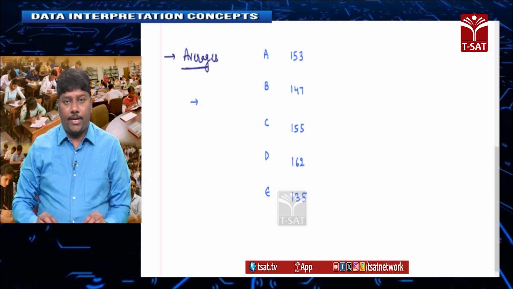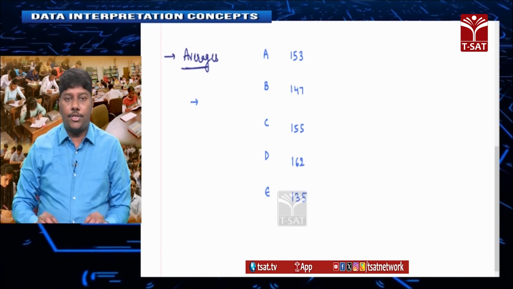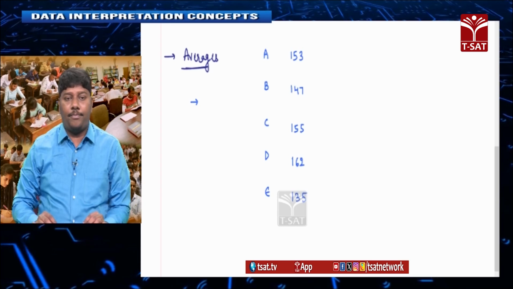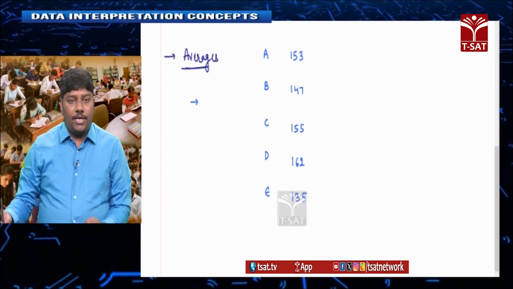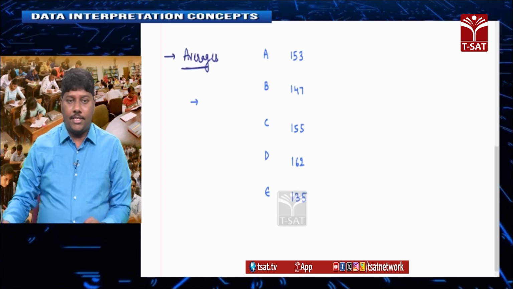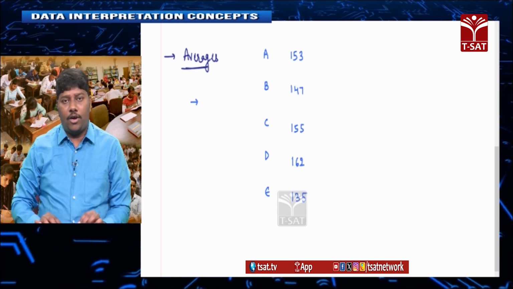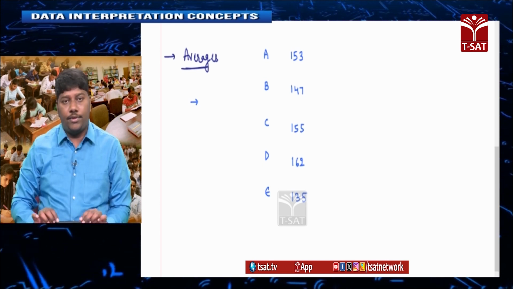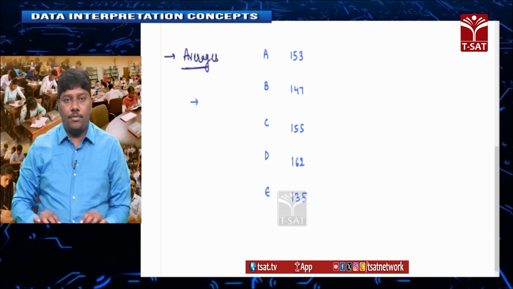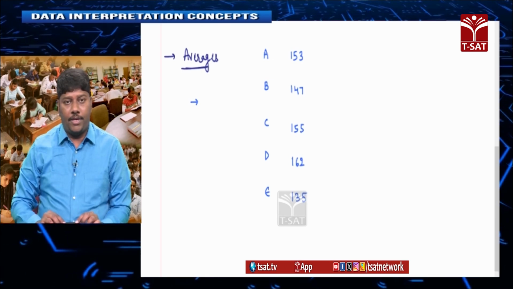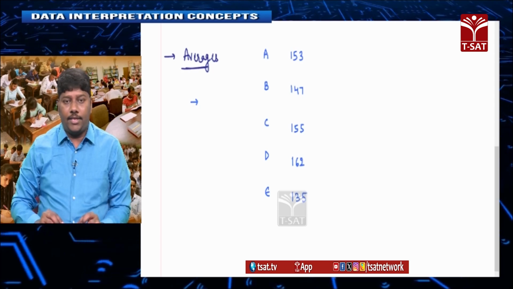When this kind of data is given, how do you find the average? If they ask you what is the average number of cars produced by the 5 companies, in terms of 1000 or lakhs or millions, it doesn't matter. Mostly in data interpretation all the values given are close to each other. They don't give you values with much dispersion, they give you lower dispersion, which means the difference will be less.